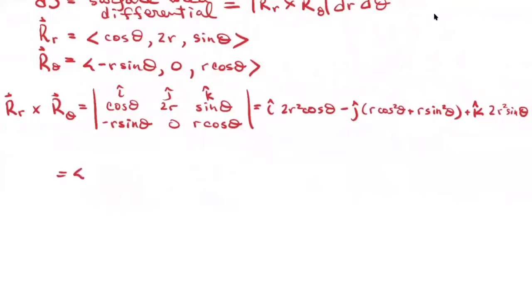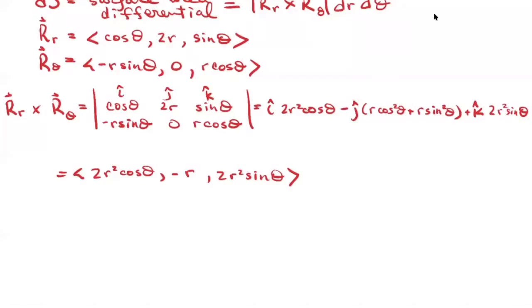This is going to be a vector, 2r squared cos theta, comma, is that just negative r in the middle here? And then a 2r squared sine theta, like that. Okay, any questions?